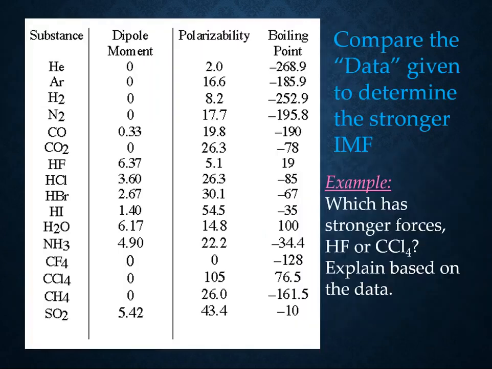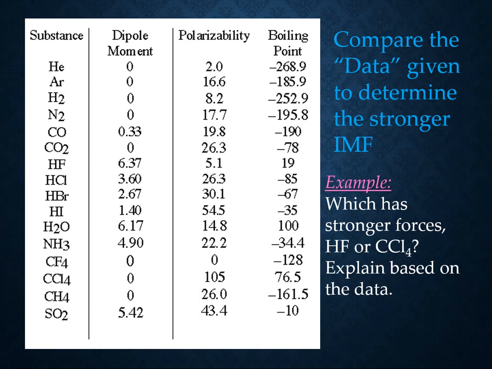Couple more data-driven type questions, just two more, and then we're done with this. So, comparing the data given, determine the stronger IMF. Which has stronger forces, HF or carbon tetrachloride? Explain based on the data given. So here they're giving us dipole moments, polarizability, and boiling points.